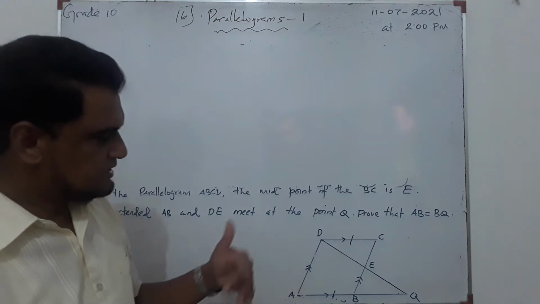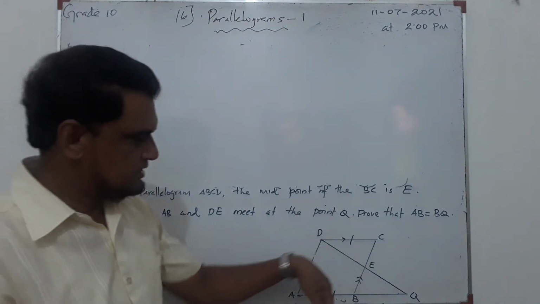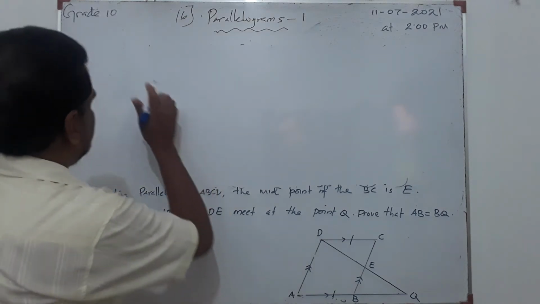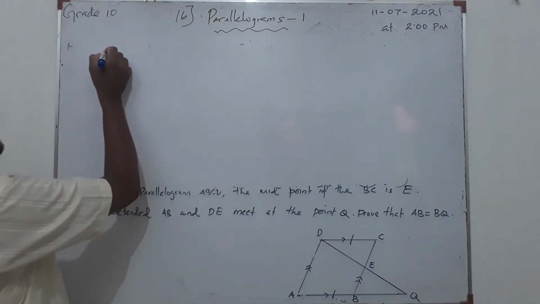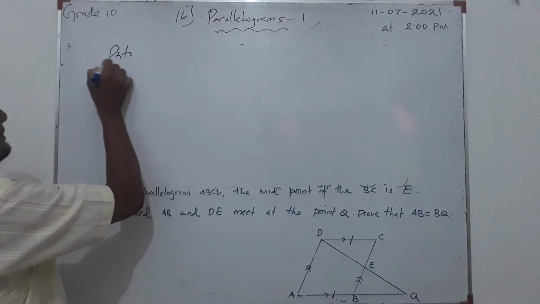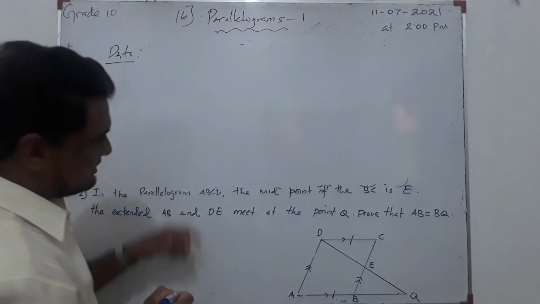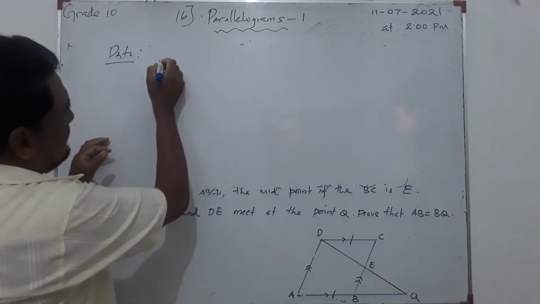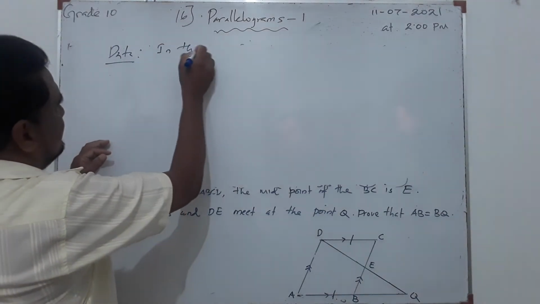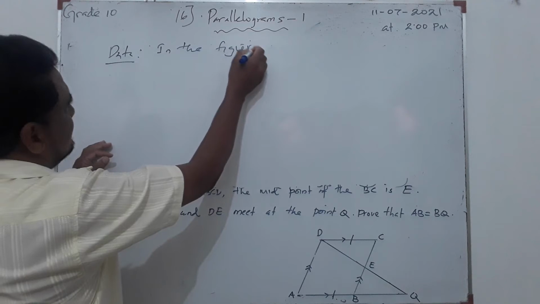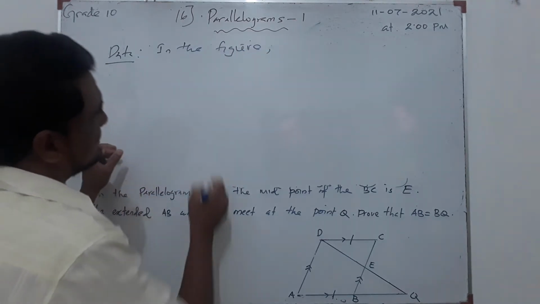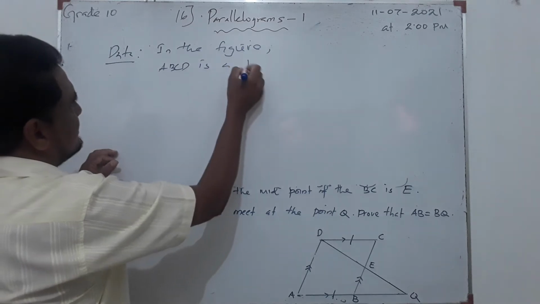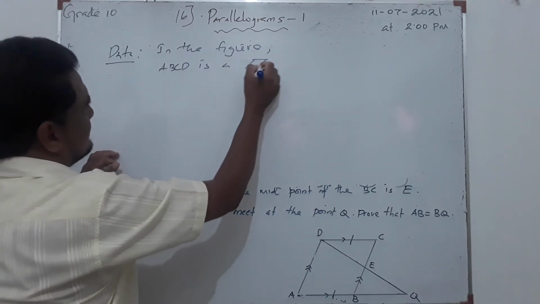So now look at this picture. When you observe this picture, you can come to the decision that you have to write in the regular usual format under the data. We have to briefly write in the figure. ABCD is a parallelogram, right?